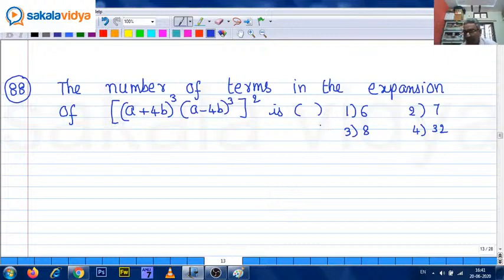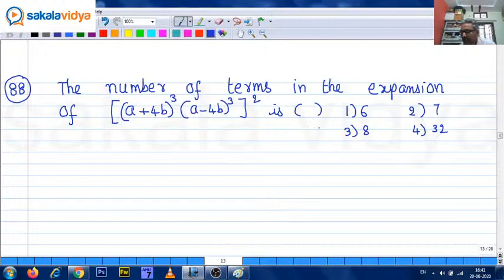How we take the terms: x plus a whole to the power of n plus x minus a whole to the power of n is equal to 2 times t1 plus t3 plus t5 plus and so on. Because power 3 means only 4 terms, out of which 2 terms are odd, you get 2 terms only. It becomes a binomial in the form of x plus y whole square.